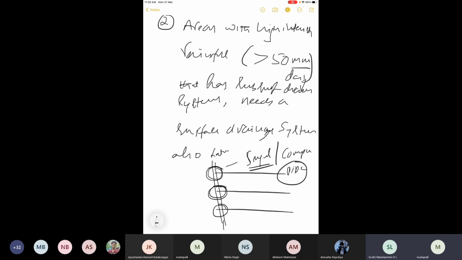In case of singular, the lateral could be an open ditch, and it will be a pipe in case of composite. Okay. Okay, sir.